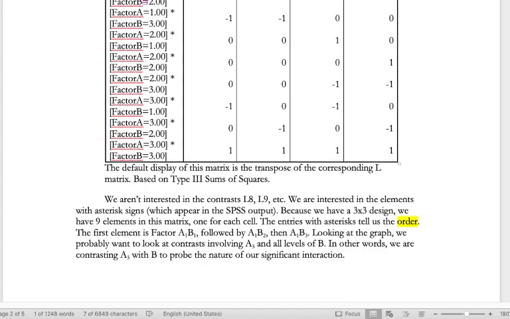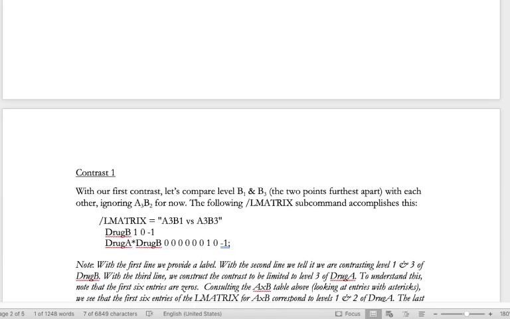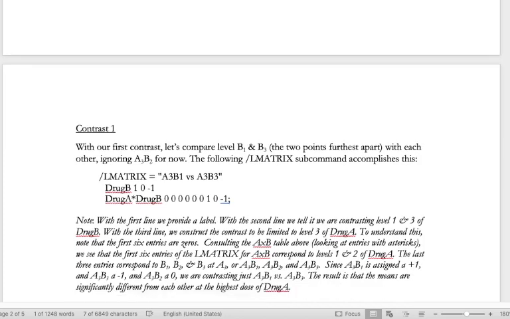Why this is important is because our syntax is going to end up looking something like this. We're not saying this 0 is for A1, B1. We just write what we want the contrast coefficients to be for all of the cells in order. So we need to know what that order is.